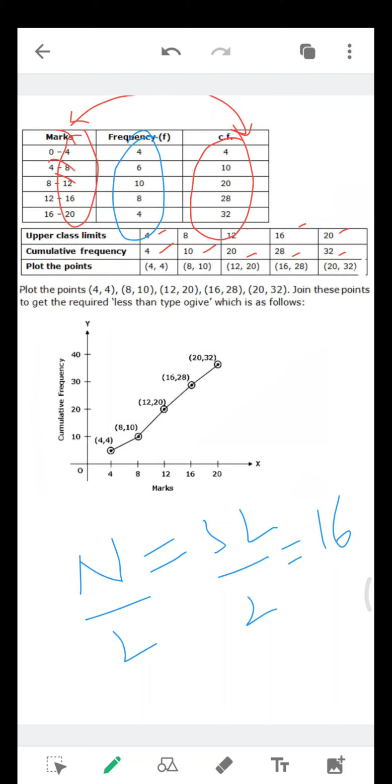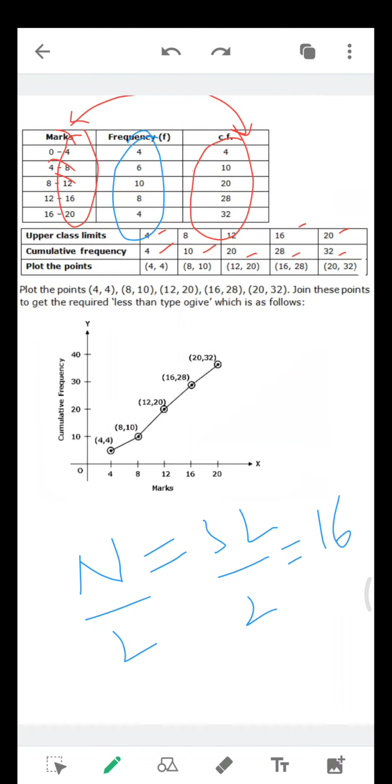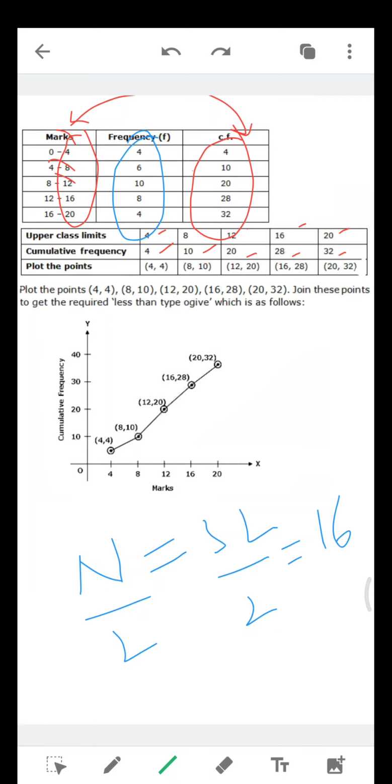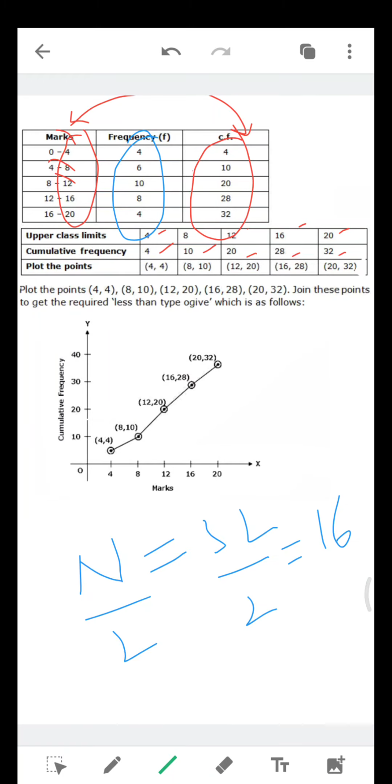This n by 2 value, you should see where it lies on the y-axis. 16, where does it lie on the y-axis? If I say it lies here, let me change the color. Okay, this one. So 16 lies somewhere here.